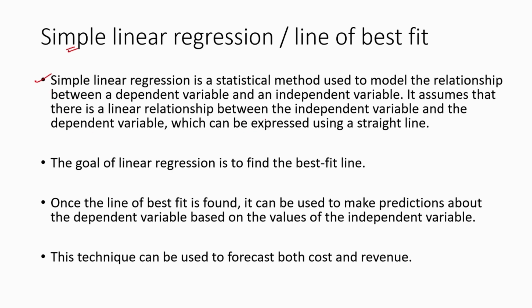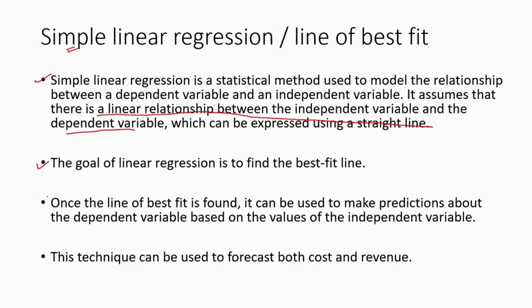Linear regression is based on some assumptions: a linear relationship between the independent variable and the dependent variable. Based on this assumption, we are calculating the trend line for the given data sets.